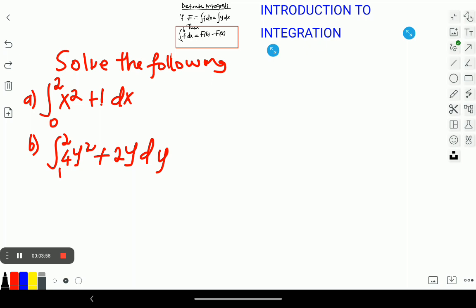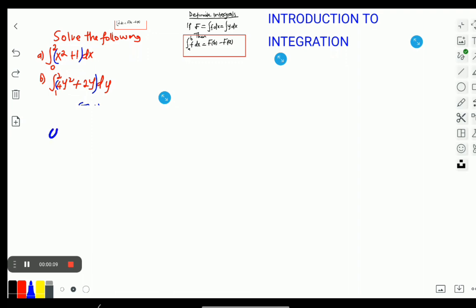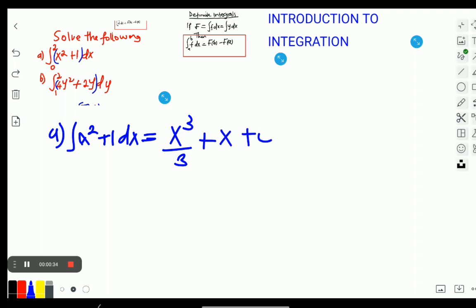So let us look at these examples. For part A, we have the integral of x squared plus 1 dx. We are doing this from the previous formulas. This one will be x, we raise the power by 1, which will be power 3 divided by 3, then plus, if we integrate 1, we shall get x. But of course, if there are no integral limits, we just say plus c.